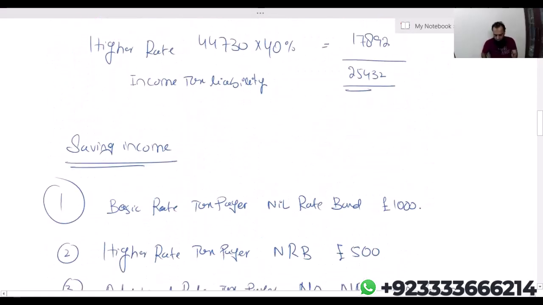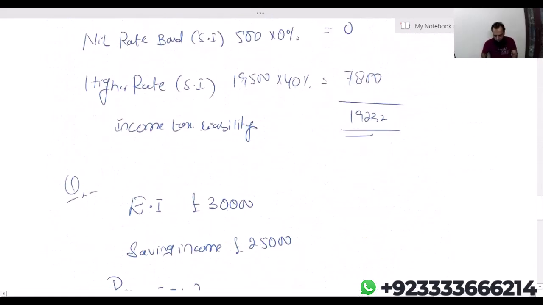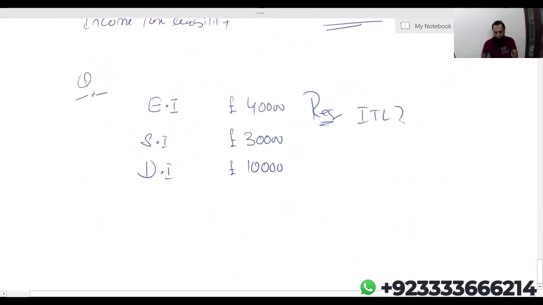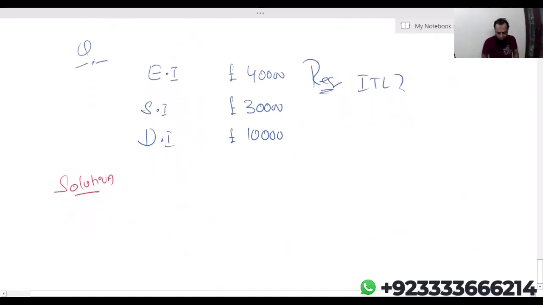Now let's try the question. Now this individual has 3 sources of income. While solving the question, how many columns will you make? 4, 1 additional. Employment income is a non-saving income.